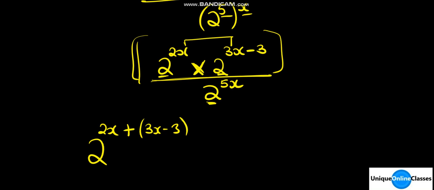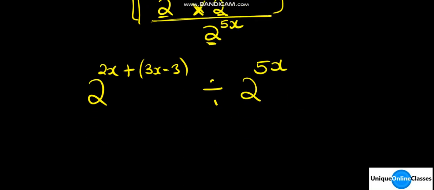It is important to put the bracket as it is, because sometimes the subtraction has an effect and the signs can change, so it's good to do it like that. Then here divided by 2 raised to the power 5x.